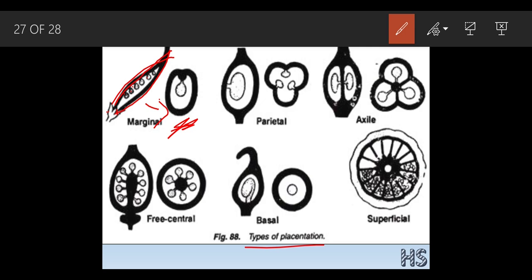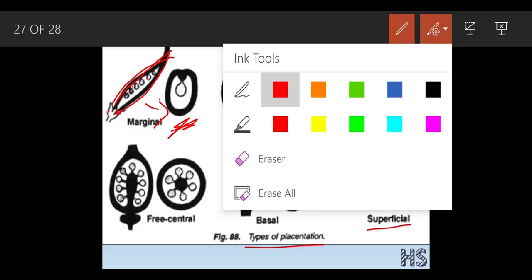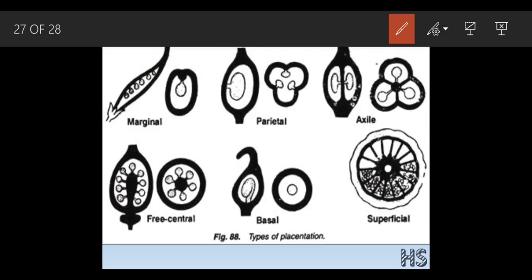Now we are going to take the example of this part, okay. Superficial, okay. Don't understand it by names. This part we can see inside the citrus fruits. What do you mean by citrus fruits? Lemon, oranges, okay. These are the citrus fruits.